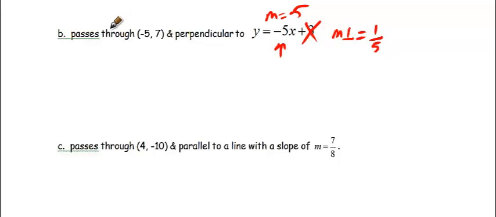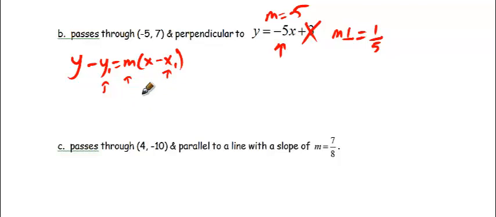Now, we've got a point and a slope. So what we're going to do is put it in our point-slope form. y minus y1 equals our slope times x minus x1. Again, we always plug in for y1, m, and x1. So y minus our y1, 7, equals our slope, which is 1/5, times x minus a negative 5, so plus 5.